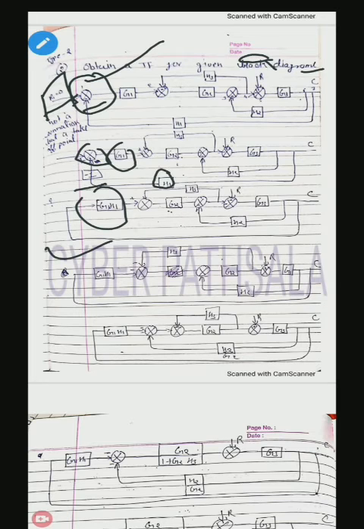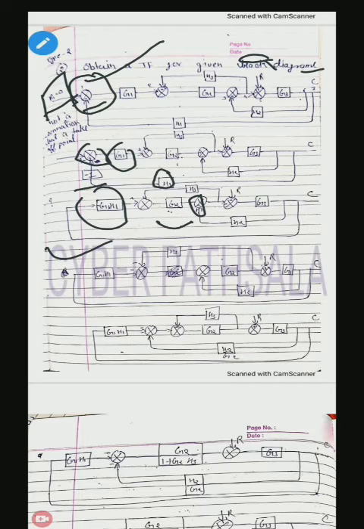Then we have to reduce the block diagram. What we can do is move this summer before the block G2. As you know, two consecutive summers can be interchanged.